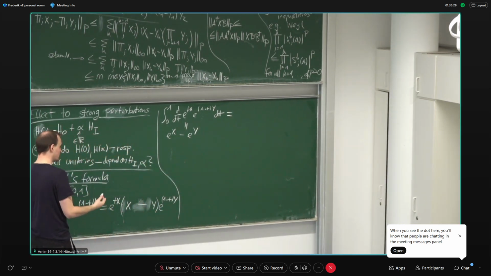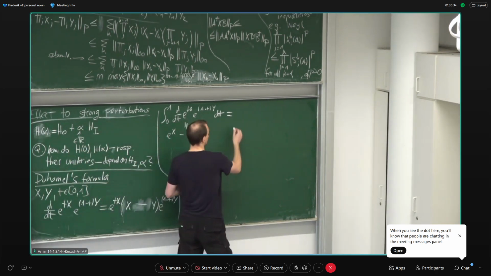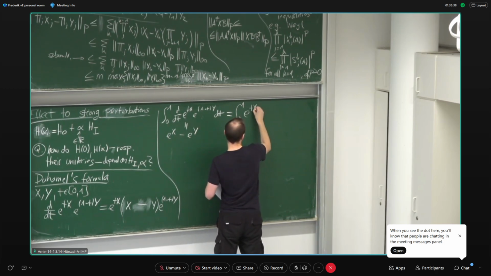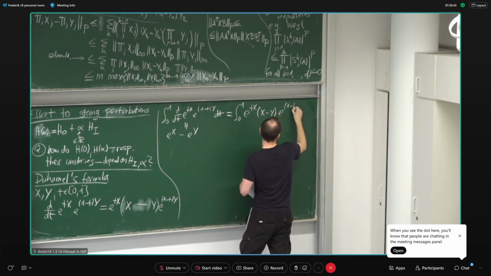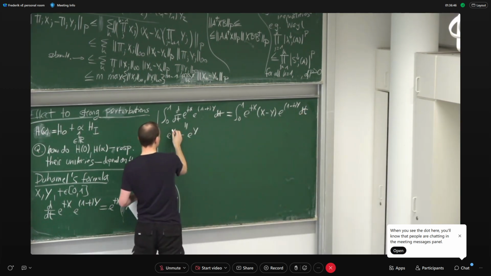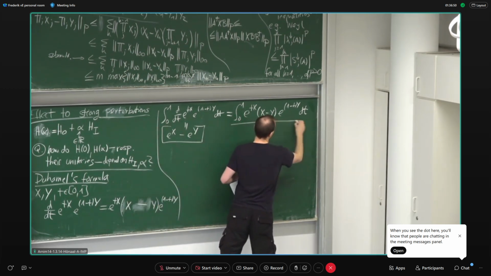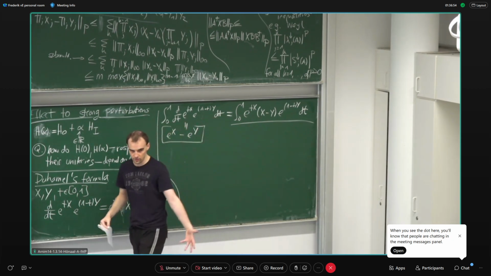It's good, that's what we wanted. And on this side, we'll just write out the integral, and in general not simplify it any further. Which doesn't mean this cannot be very useful. So this is Duhamel's formula. The difference of exponentials, you can write as an integral involving the difference of the generators.